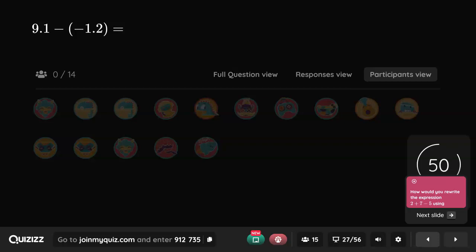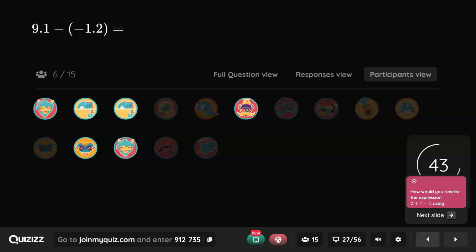Rewrite it as addition first. So you change the first thing to addition and then change the sign of what's in the parentheses.